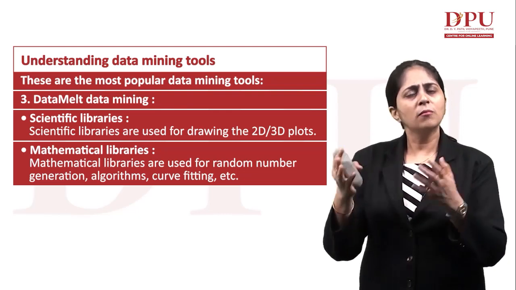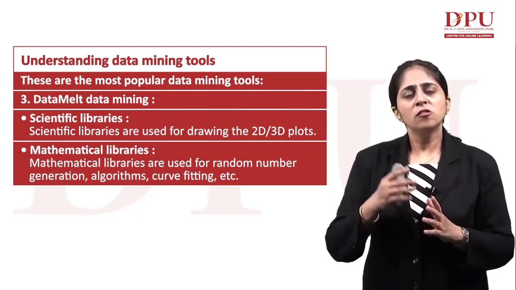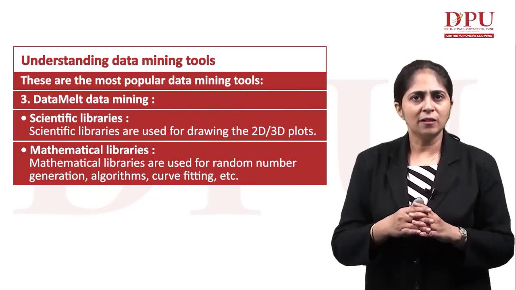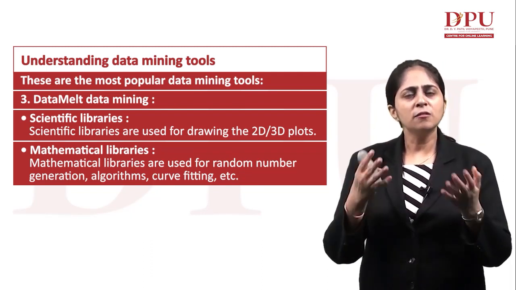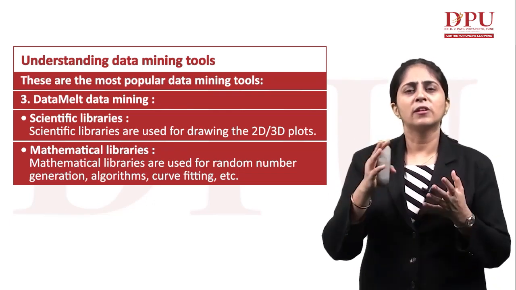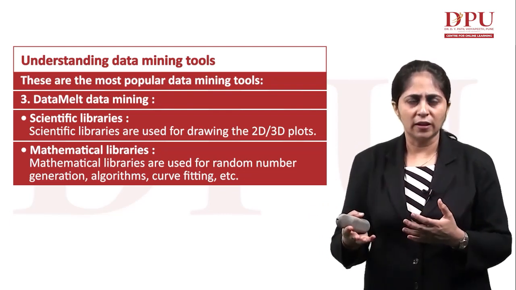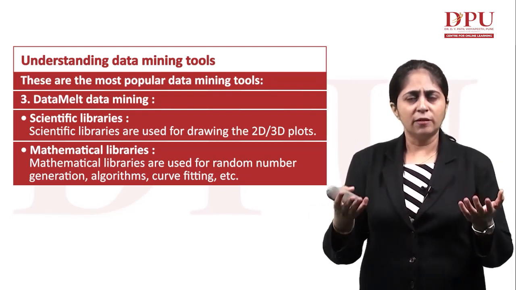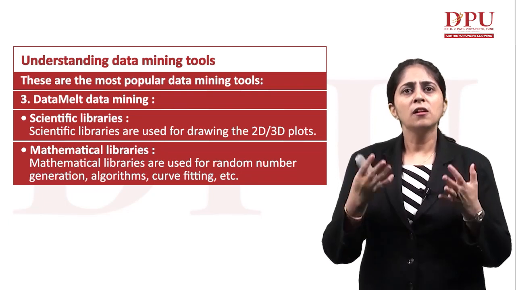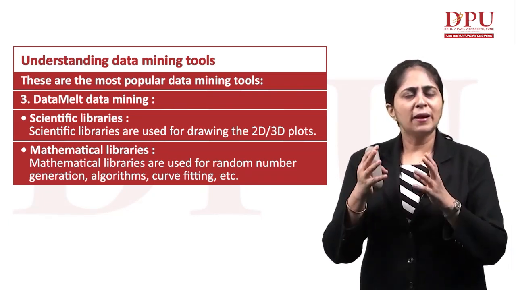Similarly, in our data mining tools, we have various mathematical libraries which can be used for random number generation, for various algorithms, and for curve fitting. So when we need to use this kind of data, at that point we can use our DataMelt data mining tool.